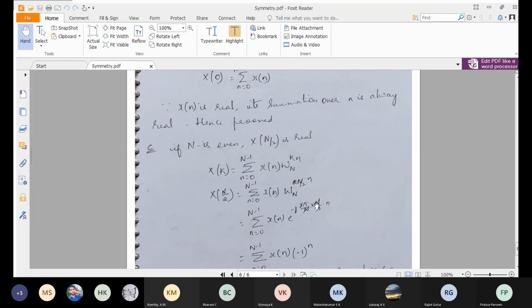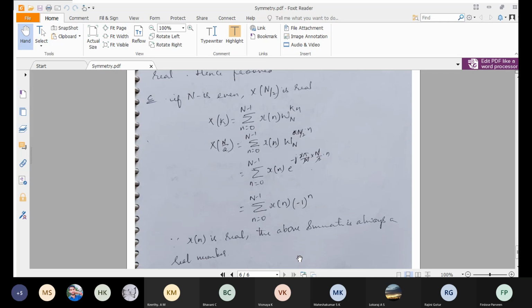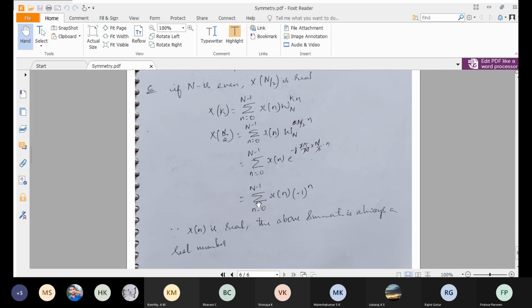The N will get cancelled, and the 2 will get cancelled. As we know, e to the power of minus j pi is always equal to minus 1. Hence we get minus x of n, which is a real thing. So again you will get a real value. Since x of n is real, the above summation is always a real number. Hence proved.